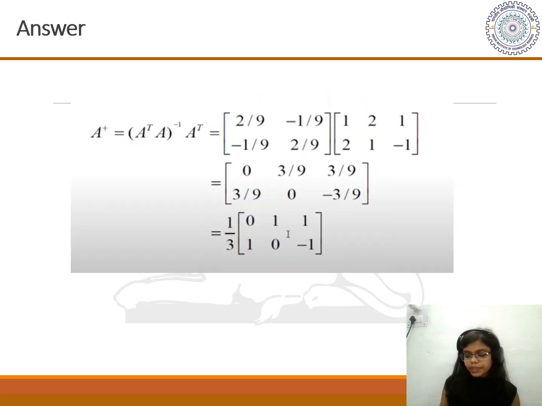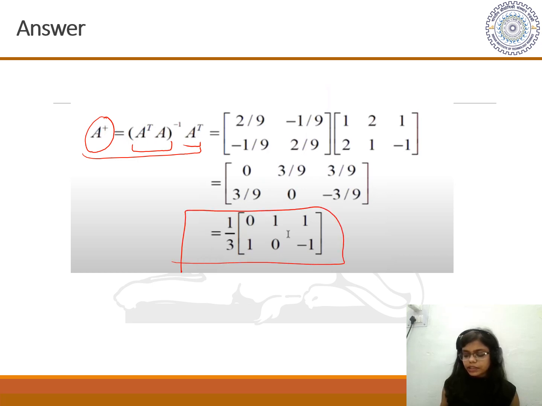Next, we multiply this A transpose A inverse with A transpose to get the pseudo inverse, as was our formula. This is simple multiplication. And here we are with our answer, that is the pseudo inverse of the rectangular matrix, or I would say the left inverse. See, this was a very simple example.